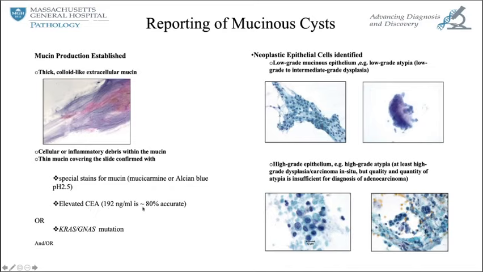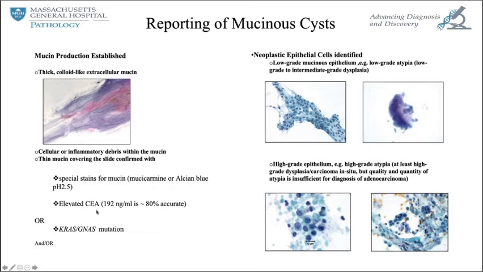192 is the cutoff we use and has an accuracy of about 80%. Remember, the specificity is really high. It's the sensitivity that we need to worry about. A low CEA never excludes a mucinous cyst, but a high CEA supports it. So this question may be answered only with an elevated CEA.